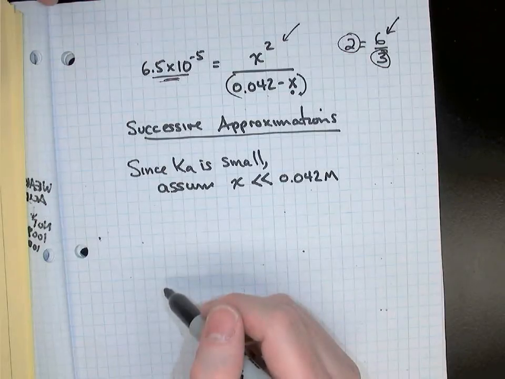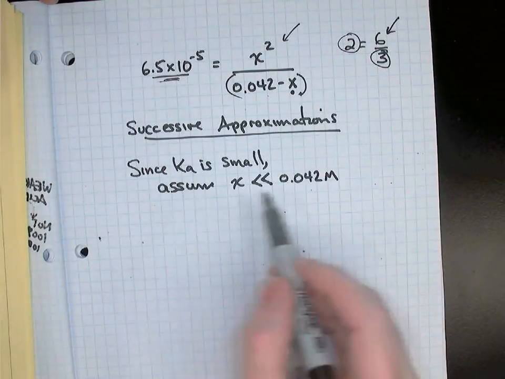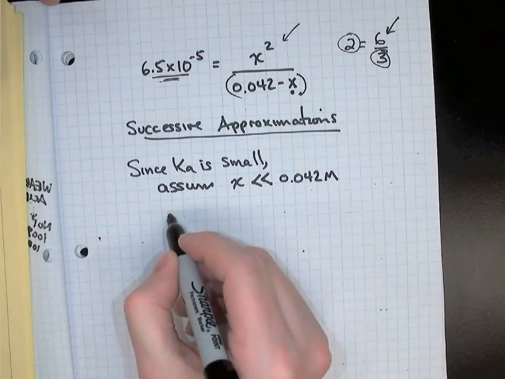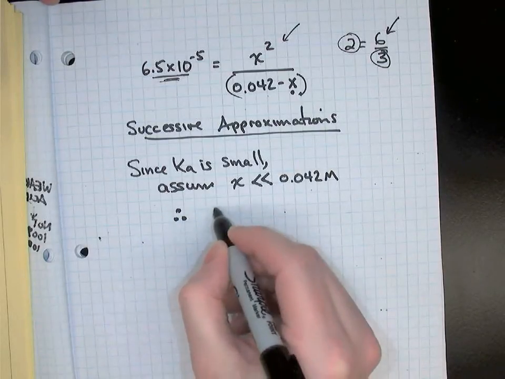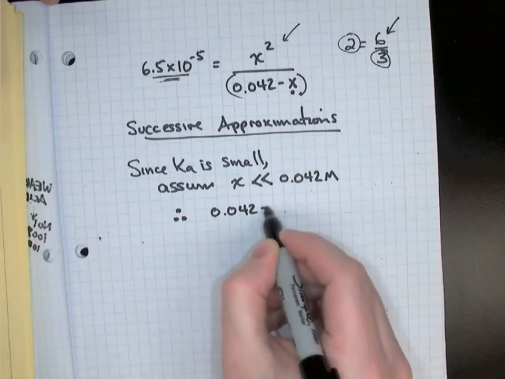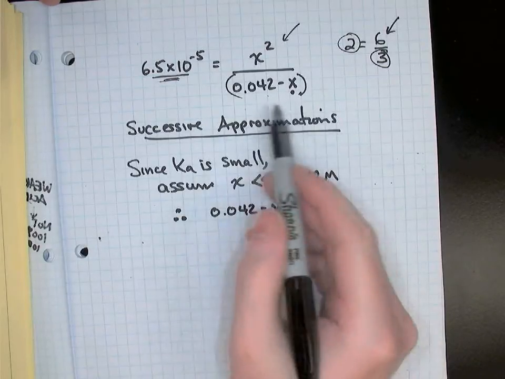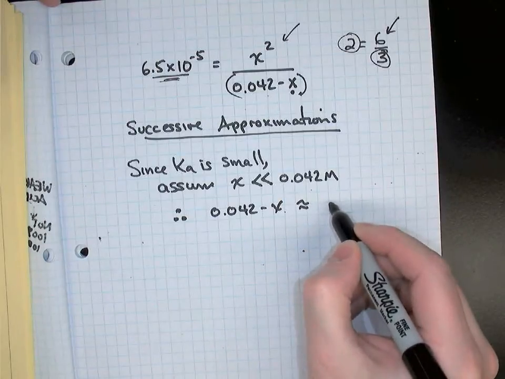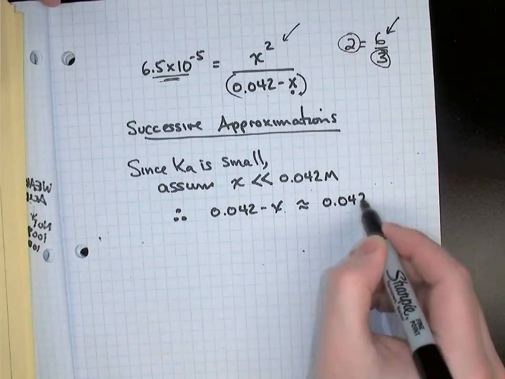Now, why would we want to make that assumption? Why would we want to assume this? Well, if X is much less than 0.042, therefore 0.042 take away X, the thing that we have on our denominator in the equation, is going to be approximately equal to 0.042.